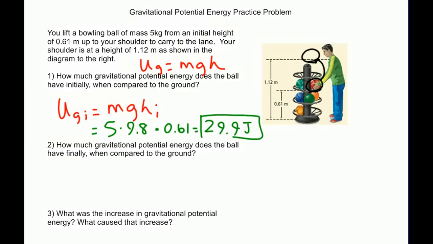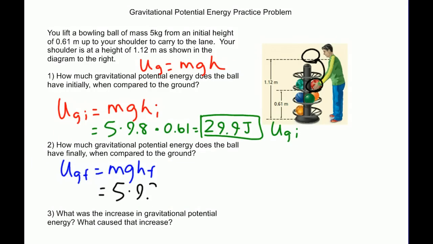joules. That's UG initial. Our UG final is given by mgh final. And so as we plug in those numbers, 5 times 9.8 times 1.12 gives us a value of 54.88 joules.